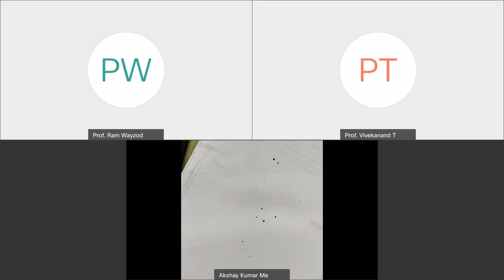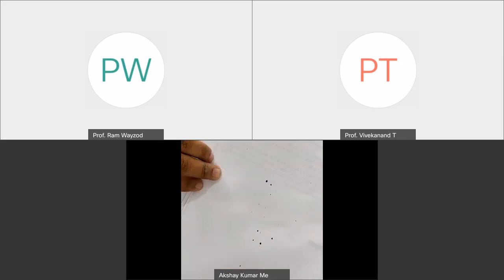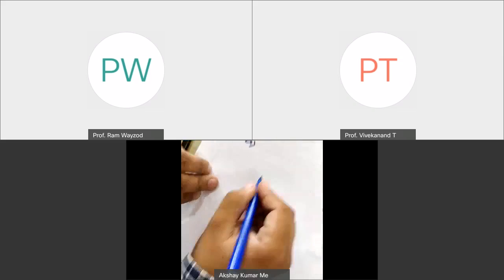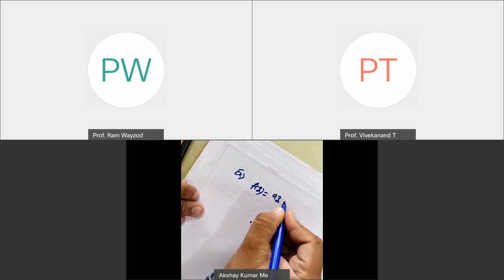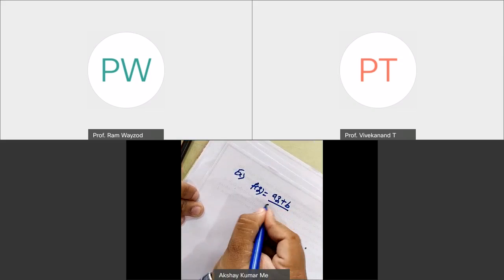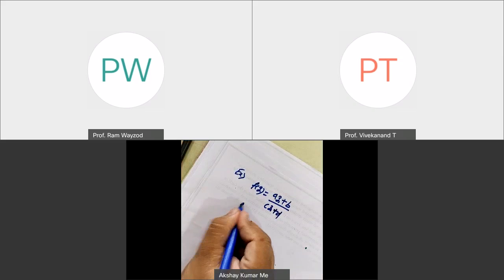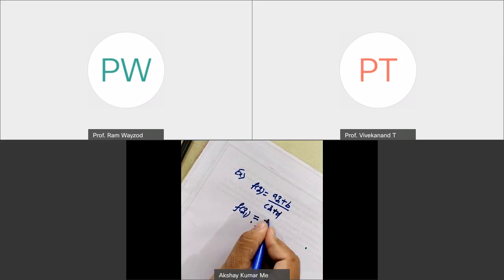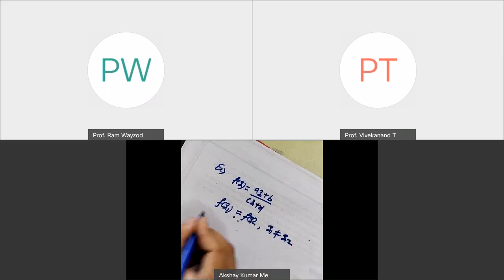Next, suppose we have the complex function f of z is equal to az plus b upon cz plus d, and f of z1 is equal to f of z2 for z1 not equal to z2, and a is equal to 2, b is equal to 4, c is equal to 5.